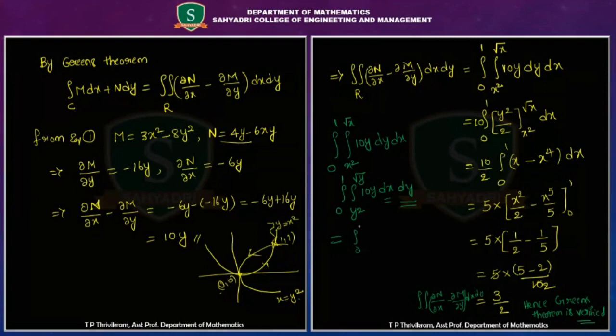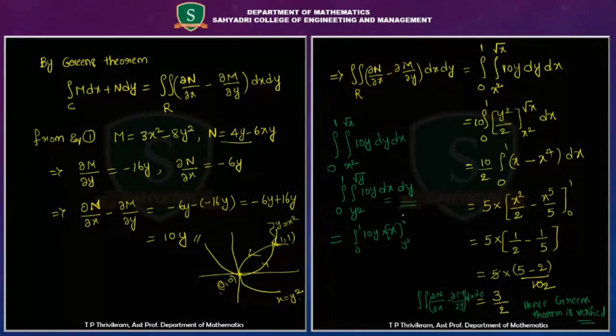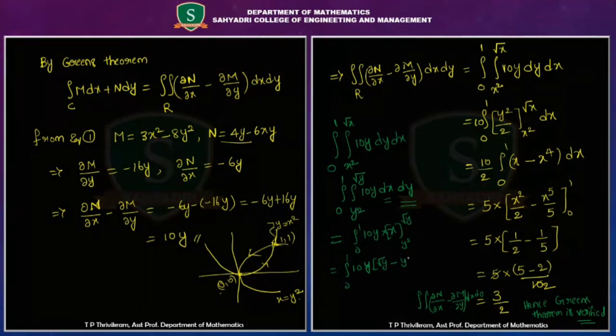So integral 0 to 1, 10y into x, where x ranges from y square to root y. So this is equal to integral 0 to 1, 10y into root y minus y square, dy.